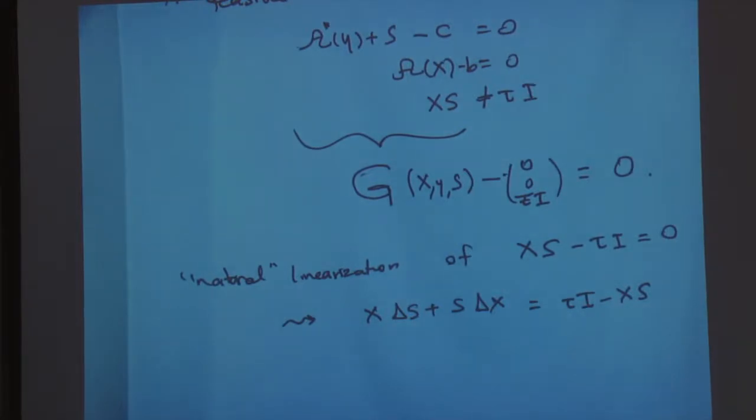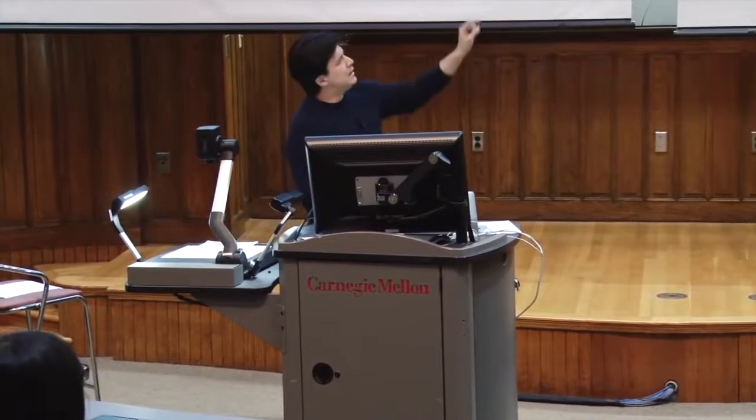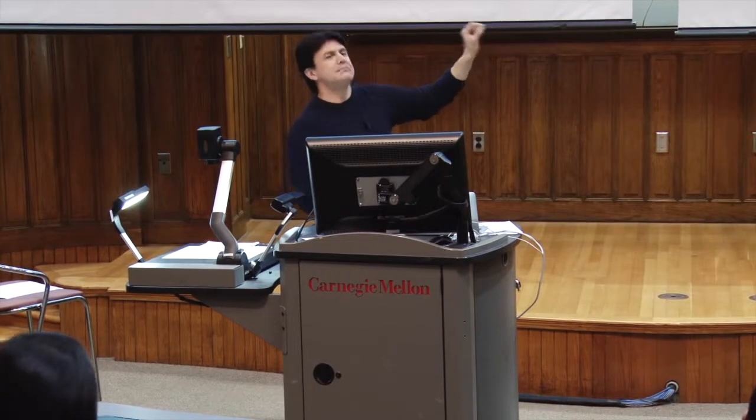But there is a subtle point that occurs here. We run into issues of symmetry, because this is one of the first things you learn in linear algebra: if you take two symmetric matrices and multiply them, the product is not necessarily symmetric. So even though X and S may be symmetric, XS may not be.